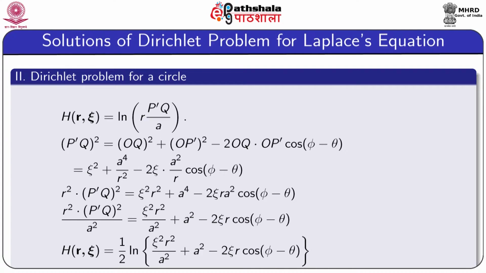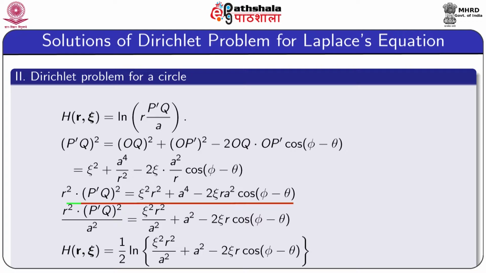So, we have written that expression here, P dash Q square is equal to this. Now, if we put the values of OQ, which is xi square, and OP dash is a to the power 4 by r square minus 2 into OQ is xi, OP dash is a square by r into cos phi minus theta.